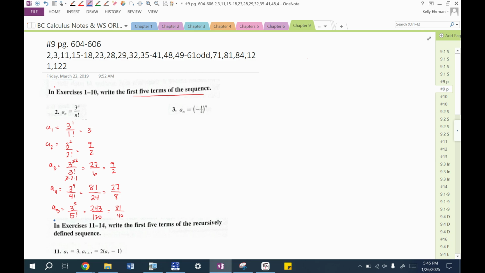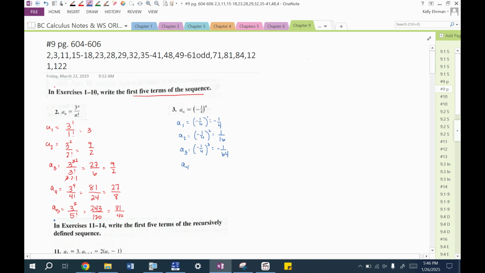All right, next one, the nth term is negative 1/4 to the n. So the first term should be negative 1/4 to the first. So negative 1/4. The second term is negative 1/4 squared, 1/16. The third term is negative 1/4 to the third, so negative 1/64.